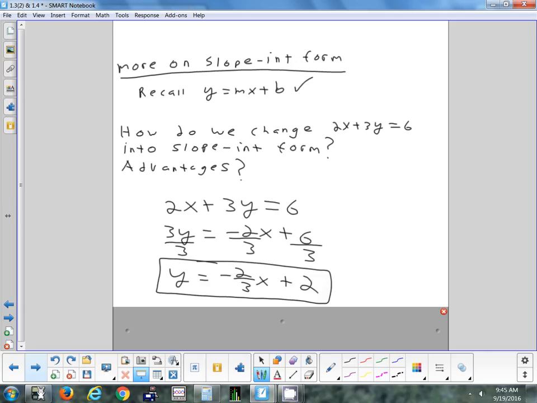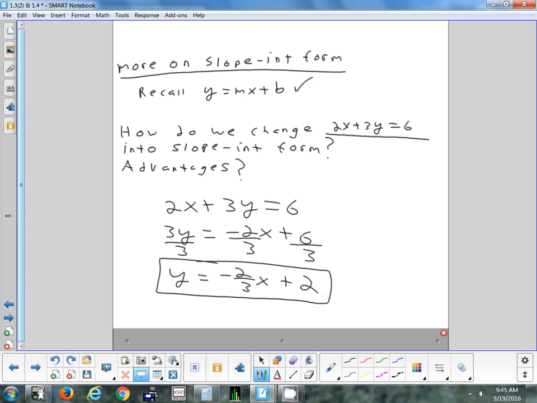Why might you want to do that? What's the advantage of changing it from this into what's up above? Yep. Because you're going to be giving your y-intercept. Okay, now you get the y-intercept directly. I can see it. What else can I see directly that I couldn't see before?